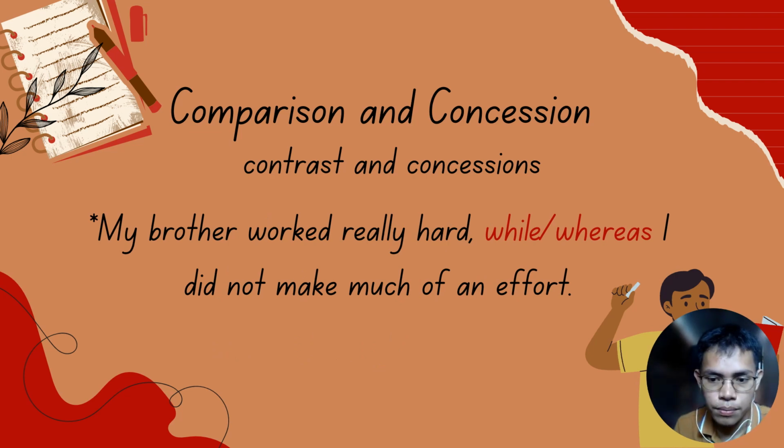While and whereas can be used interchangeably. They both present contrast. So for example, my brother worked really hard while I did not make much of an effort. Or you can also say, my brother worked really hard whereas I did not make much of an effort. So it is contrasting: the brother and I are contrasting.